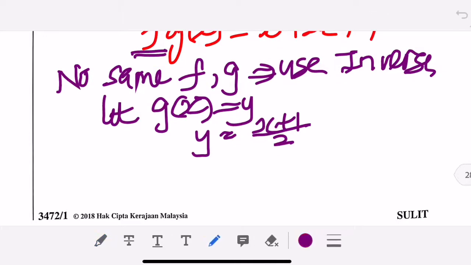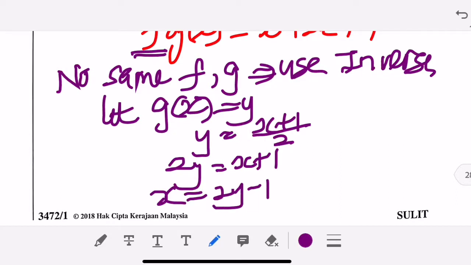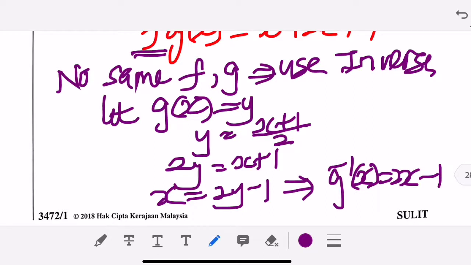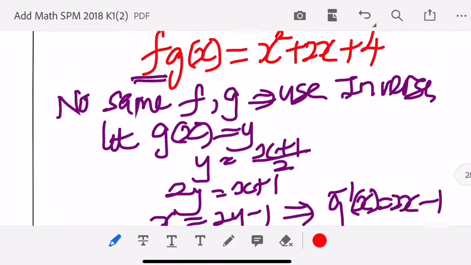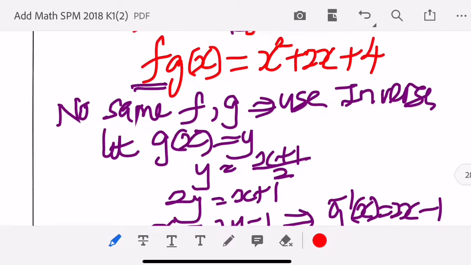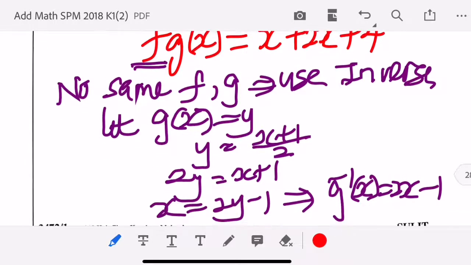Then you cross multiply, 2y equal to x plus 1. Then what is the x? x equal to 2y minus 1. Once you got the x, that means you got the inverse. Inverse of g equal to 2x minus 1. You have to change to x. You cannot have x and y combination, so they will mark you wrong.